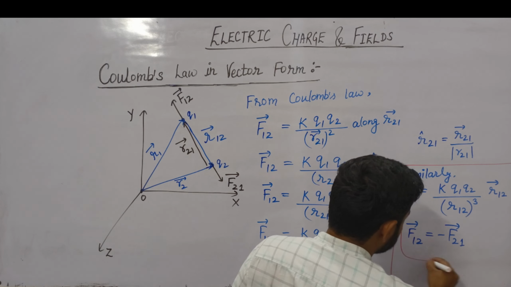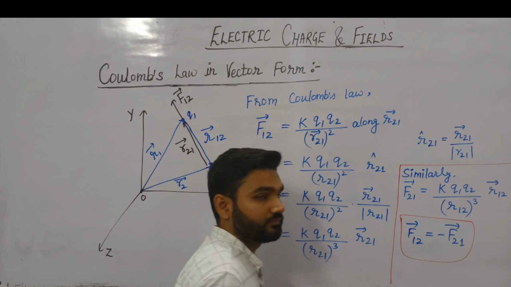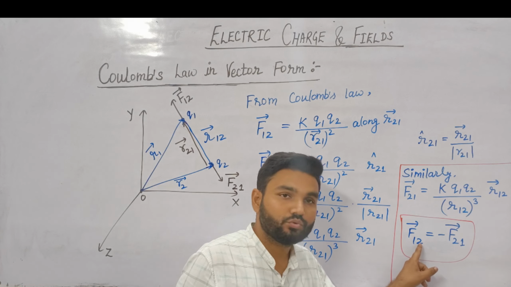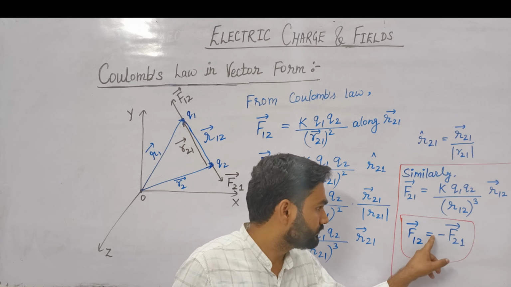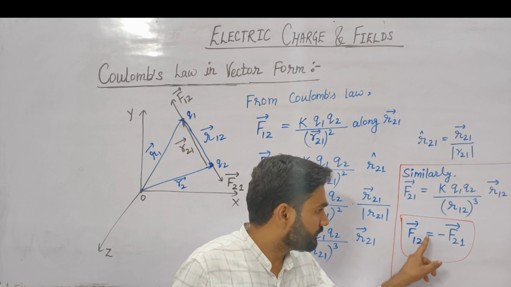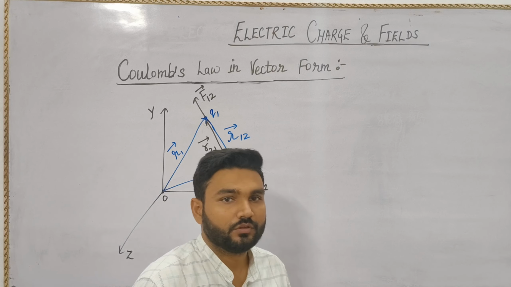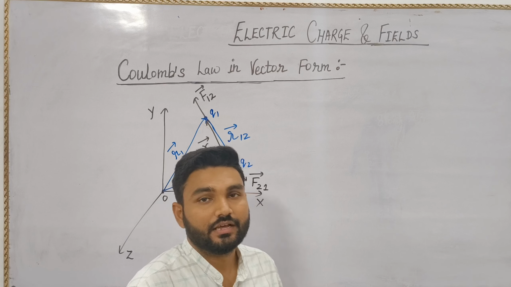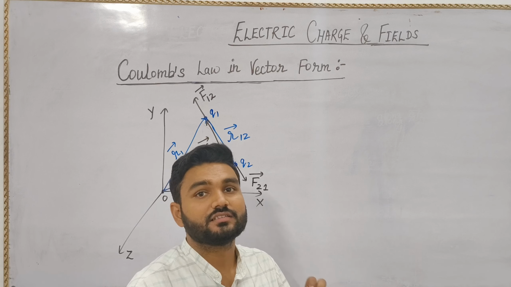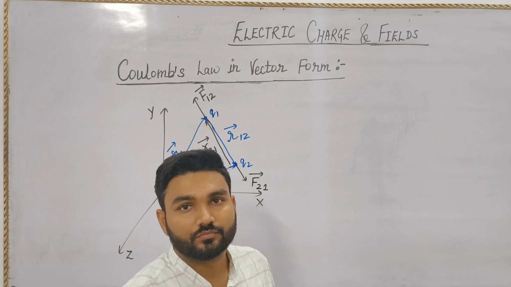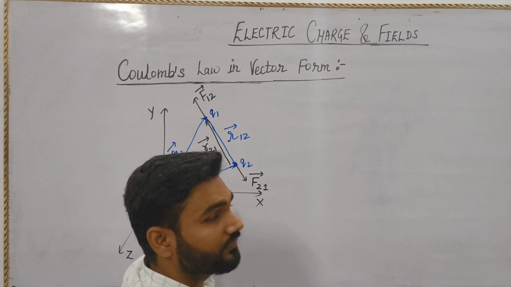How can we say this? How can we say that F12 vector is the negative of F21 vector? Let's see this figure.